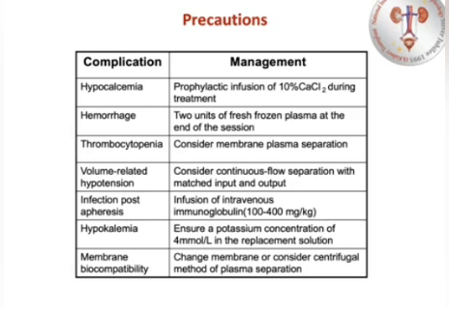Hypokalemia, so we have to ensure a potassium concentration of 4 millimole per liter in the replacement solution. Membrane biocompatibility: change the membrane or consider the centrifugal method of plasma separation. If you don't have a biocompatible membrane, use the centrifuge.